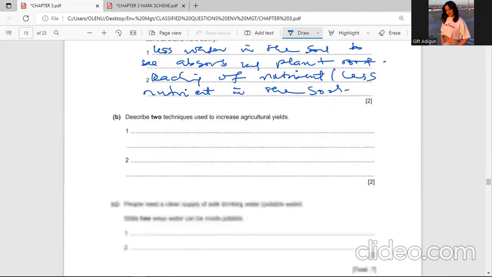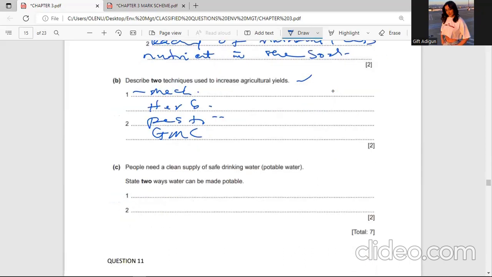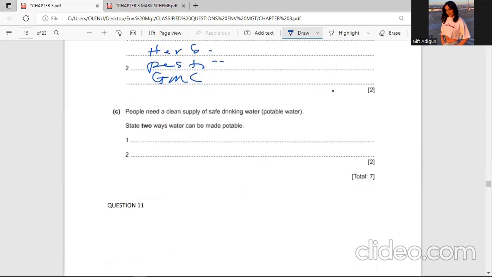Then this question is now: describe two techniques used to increase agricultural yield. We've done that. Mechanization, you use herbicides, you use pesticides, you use genetically modified crops. Any of that will give you your answer.